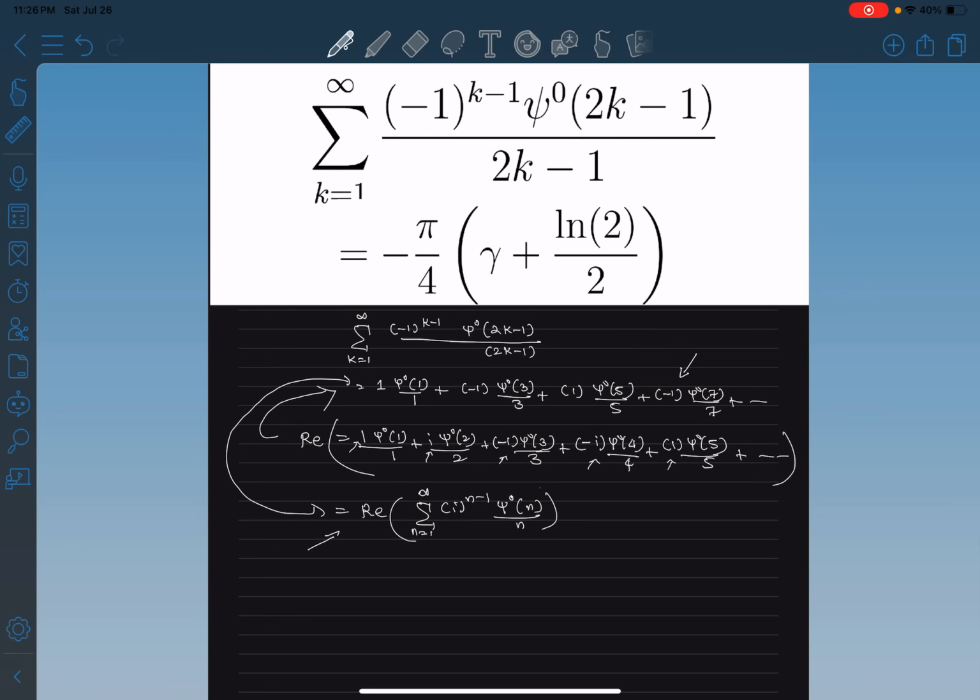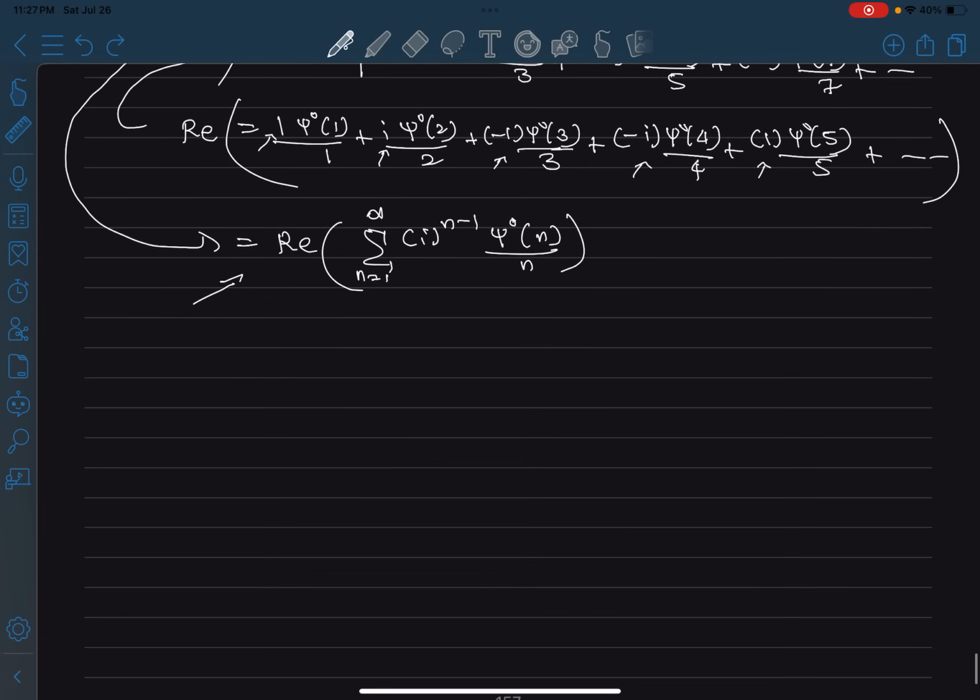The nice thing is now there's just n, and that's much easier to deal with than the 2k minus 1. Even with 2k minus 1, it's almost the same thing. All the details that come later can be done that way as well, but it's easier to have it like this. So I think that was a cool thing. Now we can just do it in a normal way.